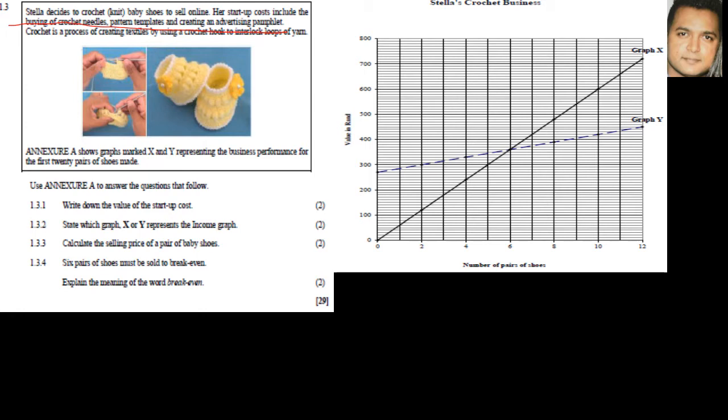So obviously, by looking at the graph, there's graph X and Y. There's no income and expenditure explained. So we know that we need to have money right at the 0 point. That means we need to actually have money and spend that money. So that becomes our start-off cost.